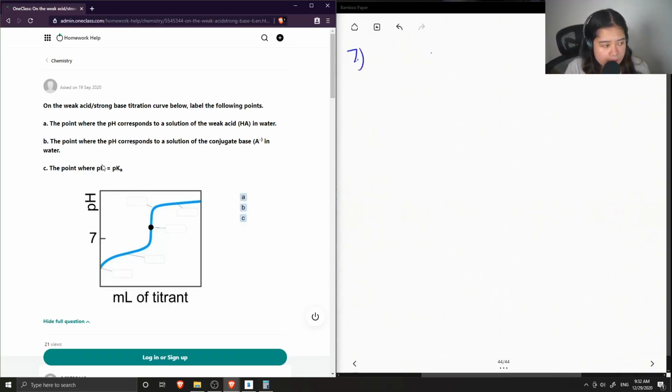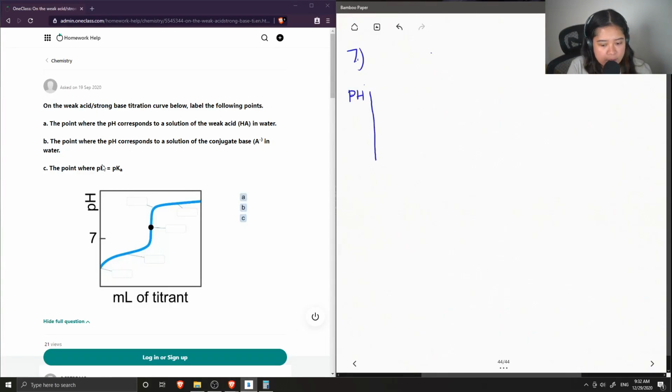Okay, so let's try to write out the same graph. We have pH of the solution graphed with milliliters of titrant. And then 7, like in the middle.